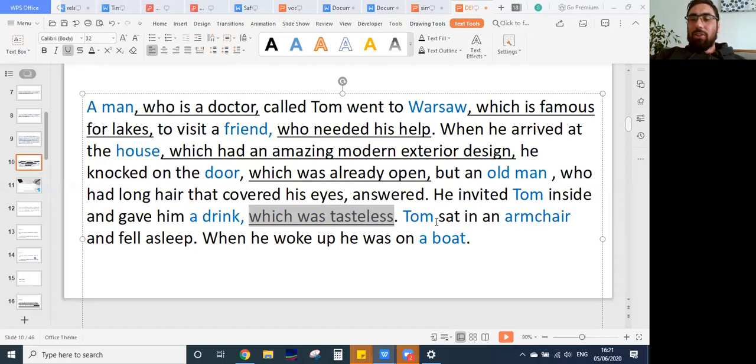And then we have Tom. Now this gives us an opportunity to say what Tom is feeling, yeah? So he was met by this guy who had hair covering his eyes. He was given a drink, and the drink was tasteless. And he's sitting in an armchair. So what could we say about Tom now? Madaya came up with a good one.